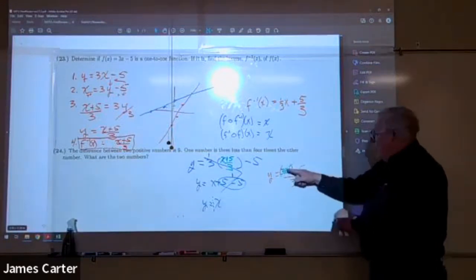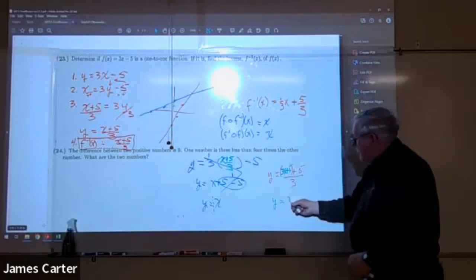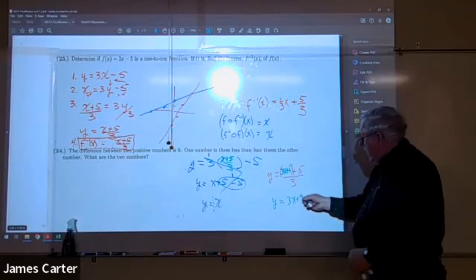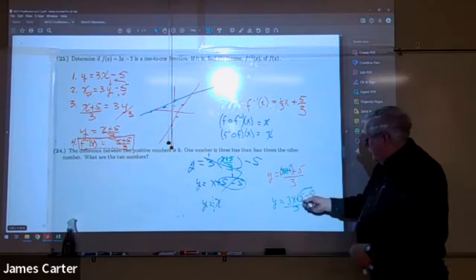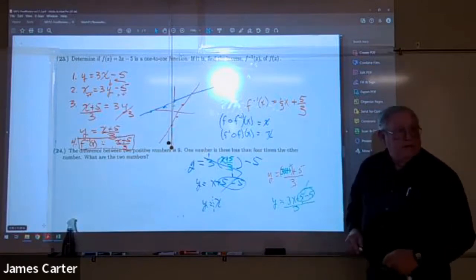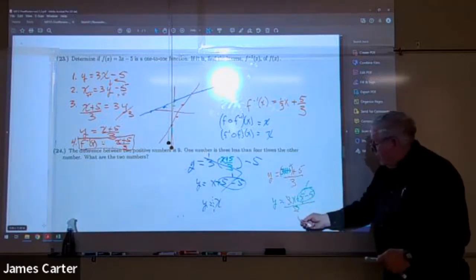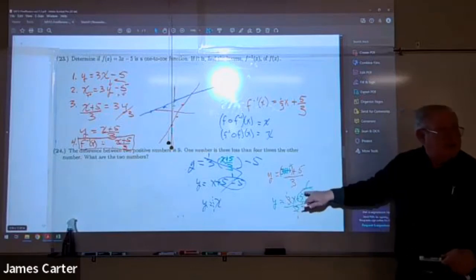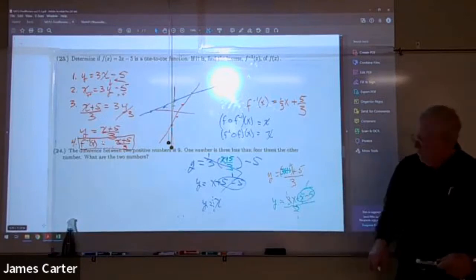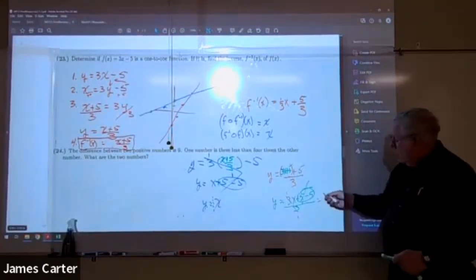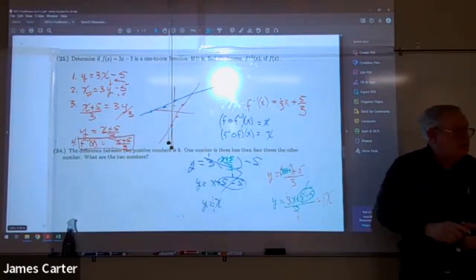Now, this numerator, I don't really need that parentheses. Y equals 3x plus 5 minus 5 all over 3. Those two kill off, right? And 3 cancel. After that's killed off, I couldn't do this division until after that's killed off. So I've got equals 1x again. Okay.